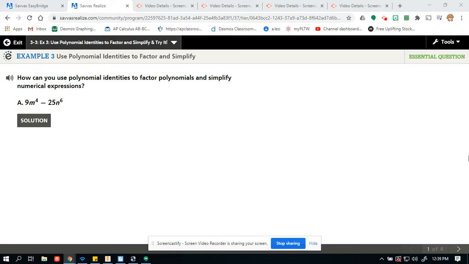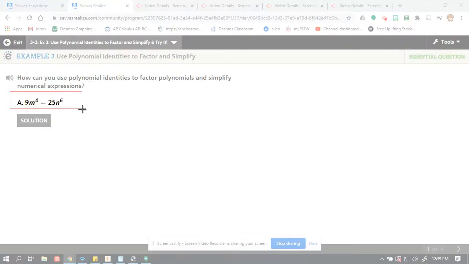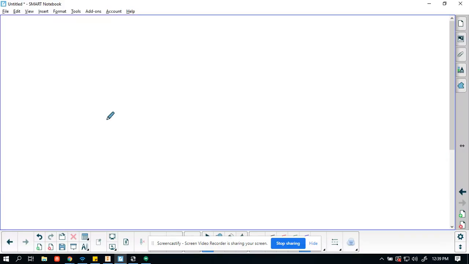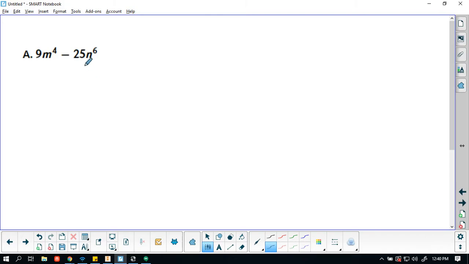So we have 9m to the 4th minus 25n to the 6th. The first thing I need to do is identify what I'm working with. I notice I have a subtraction, so I know this is a difference of. Now the question is, a difference of what? I'll look at my exponents.